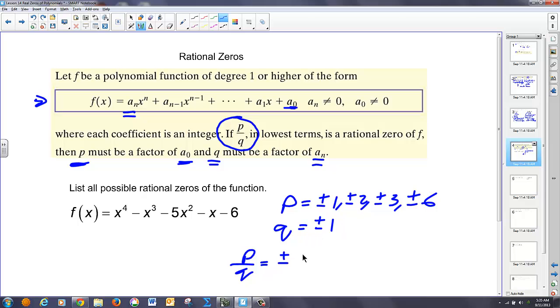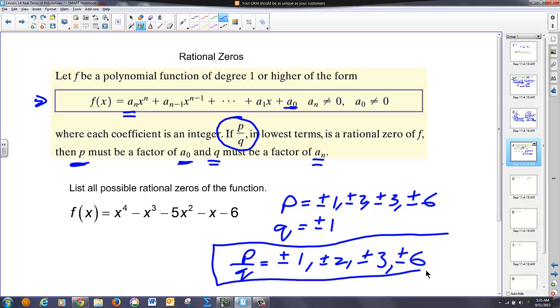So in other words, it's plus or minus 1, plus or minus 2, plus or minus 3, and plus or minus 6. And these are our possible rational roots, or our possible x-intercepts. Now that doesn't mean each one of these is an x-intercept, it's just the ones that are possible.